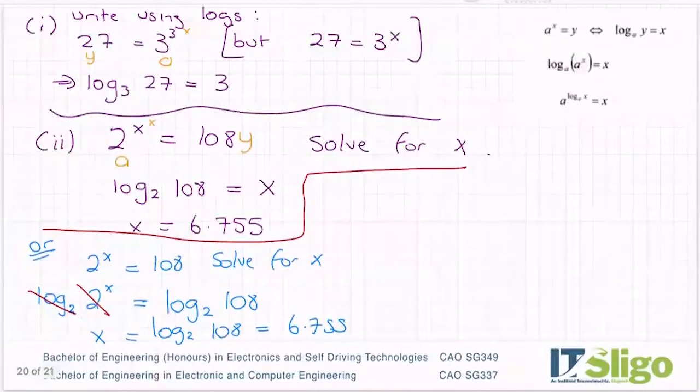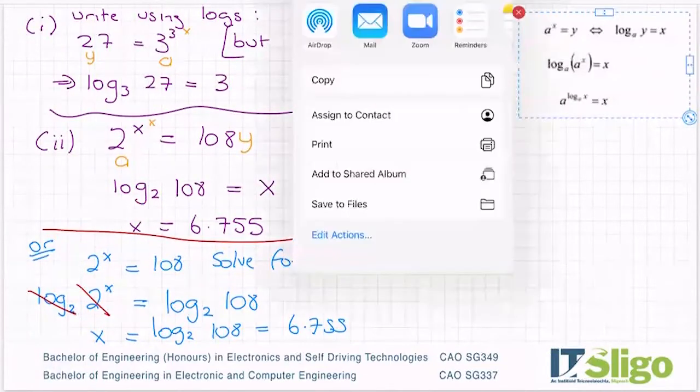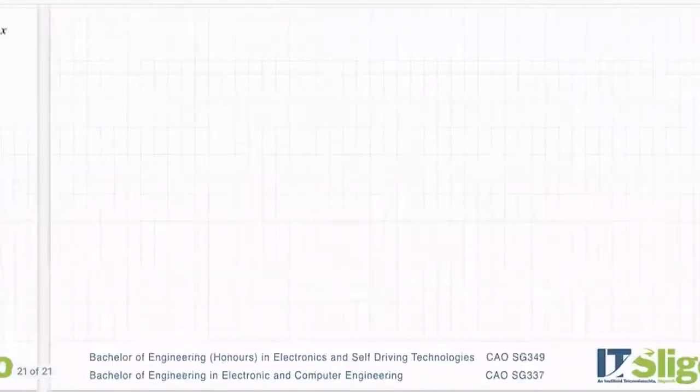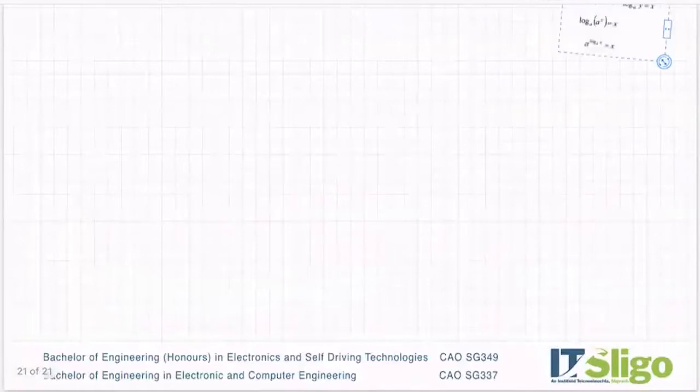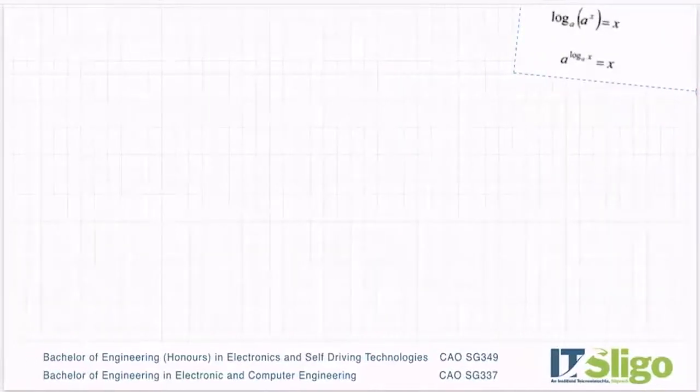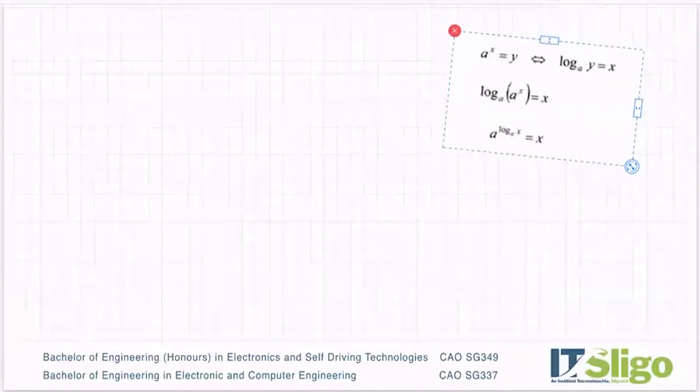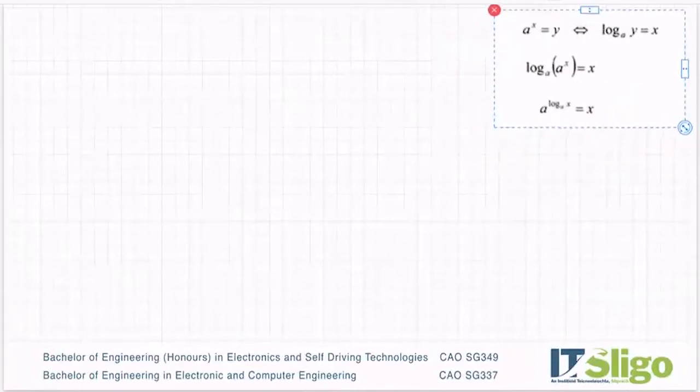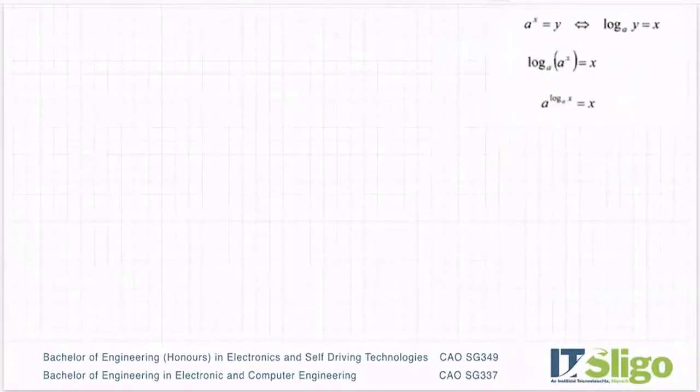Let me just copy over these three rules again. Okay, a bit crooked. Let's have a look at if we're given logs and we need to solve them.